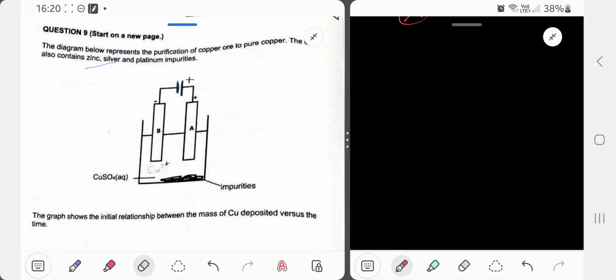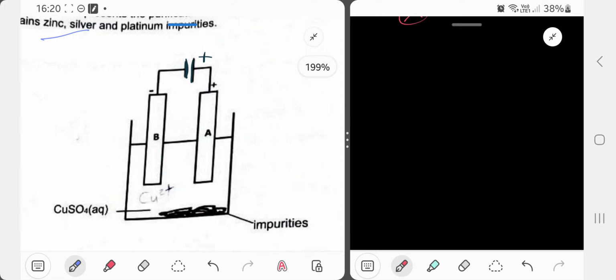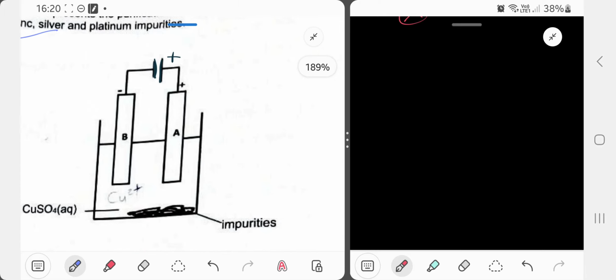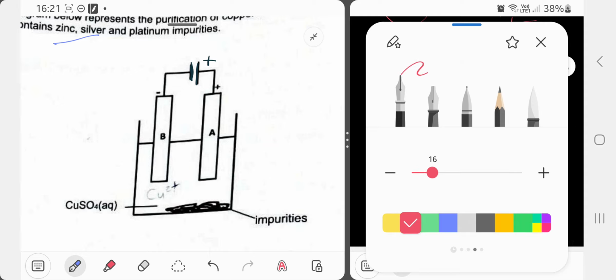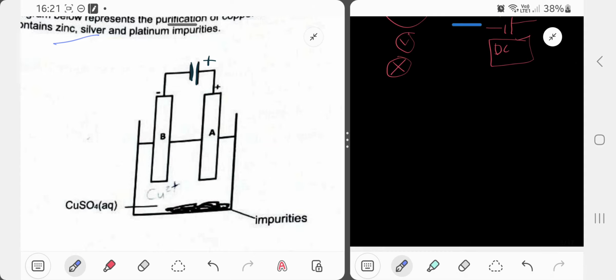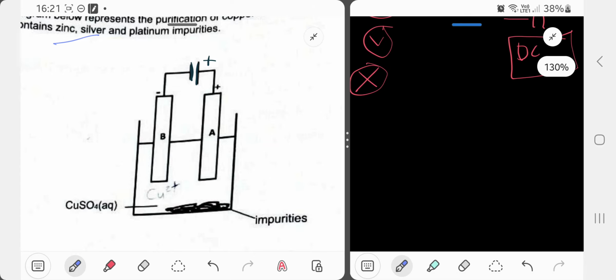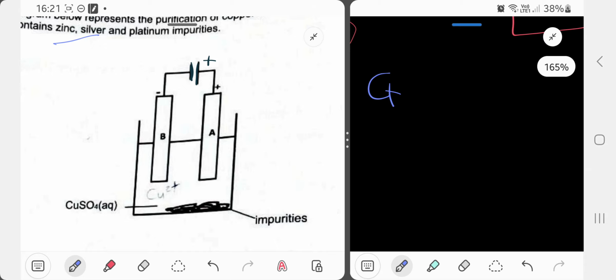Okay, so what happens here is that we have an anode and a cathode. But how do we identify which one is the anode and which one is the cathode? Because they change, whether it's galvanic or electrolytic, they change. So we can just write here. We said that in galvanic, we turn chemical to electrical energy, right?